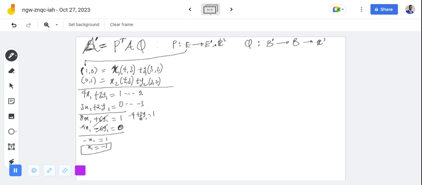I think I'll surely get a fraction there, and that seems very, very odd. So what are we going to do in this case? Let's check this clearly again. If I add this together, I have minus x1 left, and this is actually equal to 1.